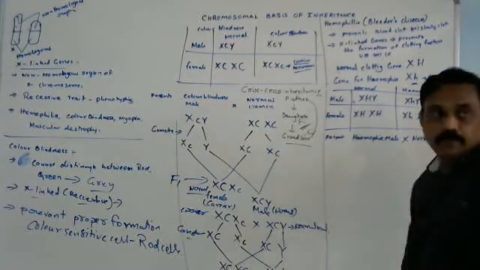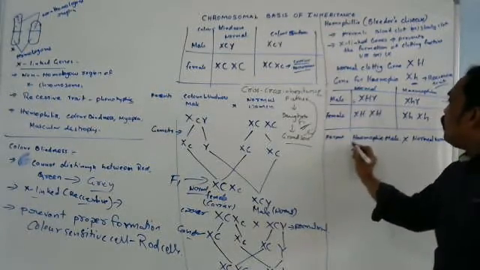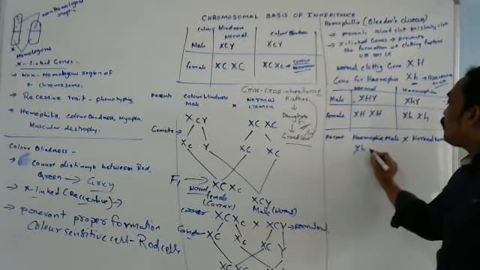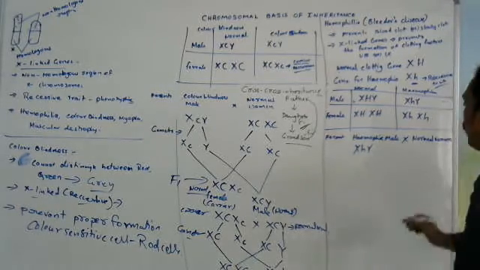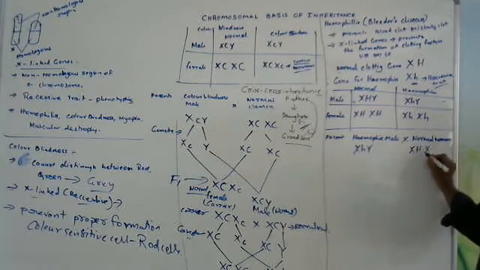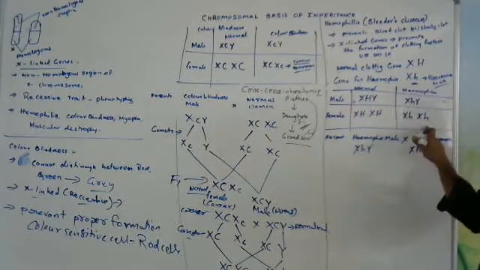How are the genes in the hemophilic male? X small h and capital Y. And the normal woman has X capital H and X capital H. This is the normal one, and this is the defected one.